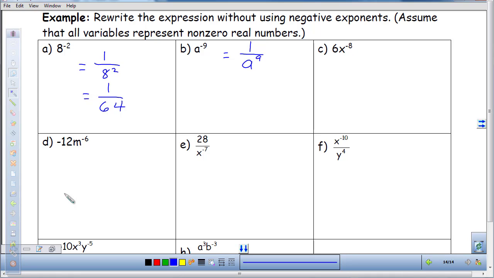Now, in C, pay close attention. Negative 8 is only on the x, so that's the only thing I'm concerned with. I'm going to leave the 6 alone, so we get 6 over x to the 8th. I'm only moving the factor that has the negative exponent. Okay. All right, so what do we get in D?